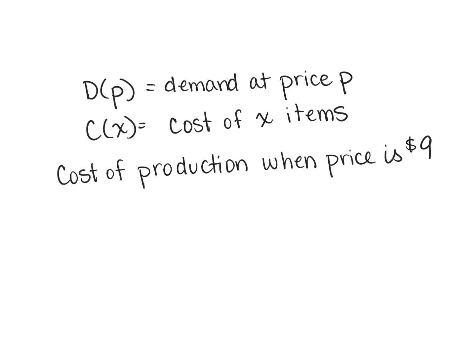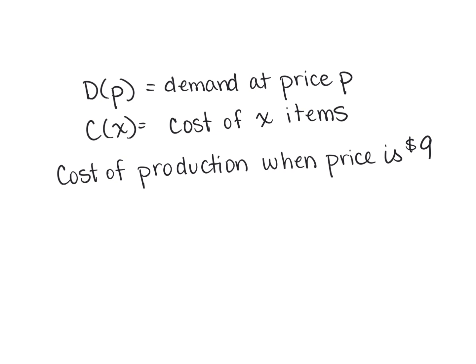You have a word problem on this set of homework that gives you a little scenario that says the demand for a certain product at a price P is given by D of P. So D stands for demand at a given cost, or price. And then C of X is how much it costs for something to be created if you are creating X items.